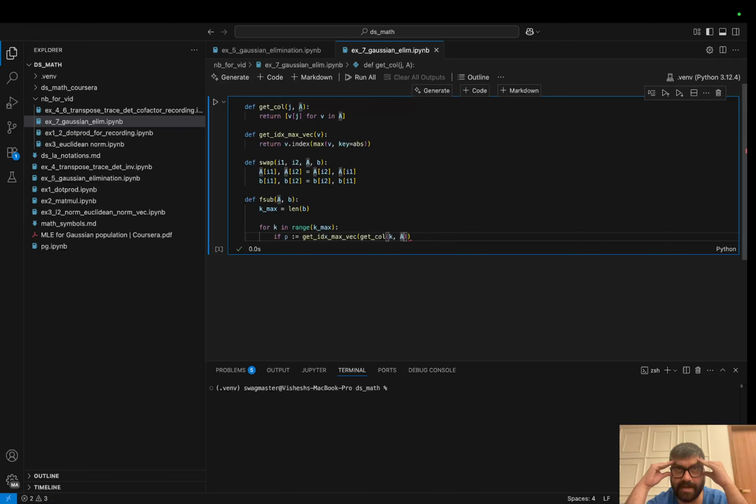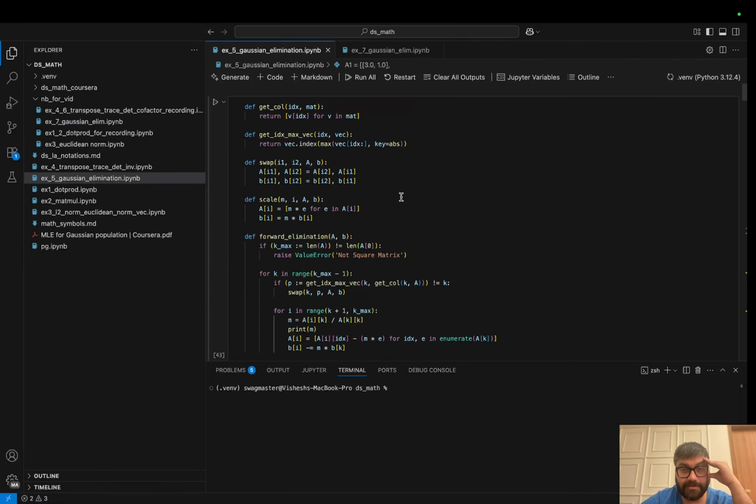Because the core is that, how do we do this? I'm just gonna look at what I did earlier. I even did the not a square matrix thing. Oh, okay. That makes sense.